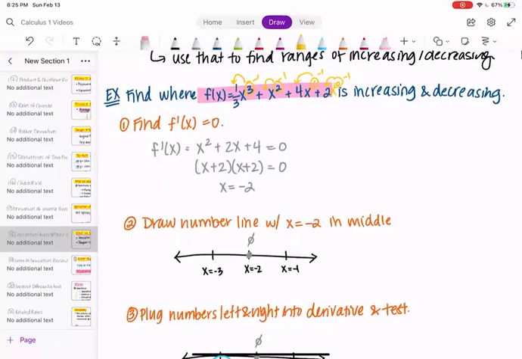So again, 3 times 1/3 is 1, x squared. 2 times 1 is 2, x to the first. 4 times 1 is 4, x to the 0, and 0 times 2, x to the -1 is 0. So that's where we get that.